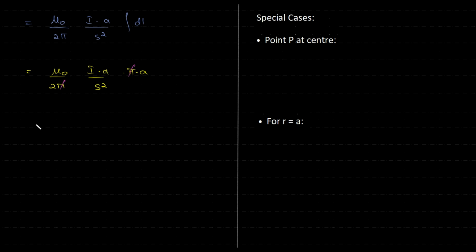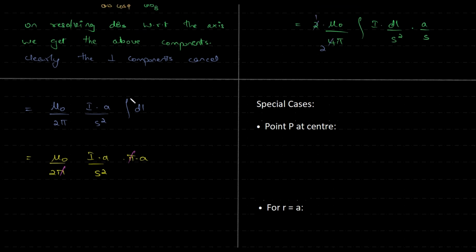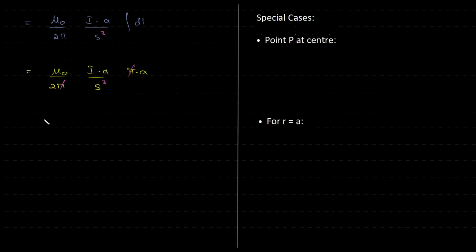So pi and pi get cancelled and we have, just a second. Oh yeah, sorry, this is cube, my bad. And in the numerator we have mu naught, I a square, and in the denominator we have s cube.